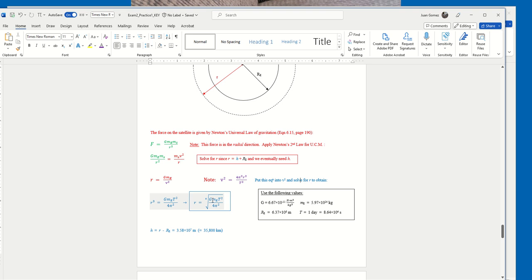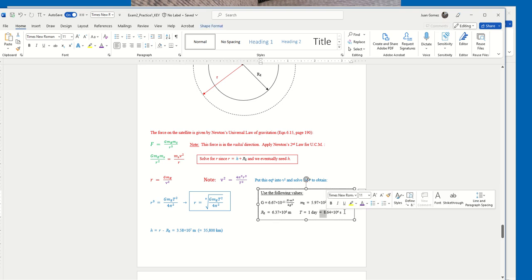Well, what are G, m_e, and T? Right over here in this table. Remember MKS. T is 8.64 times 10 to the 4 seconds. G is 6.67 times 10 to the minus 11 newton meter squared per kilogram squared. Mass of the Earth is 5.97 times 10 to the 24 kilograms.